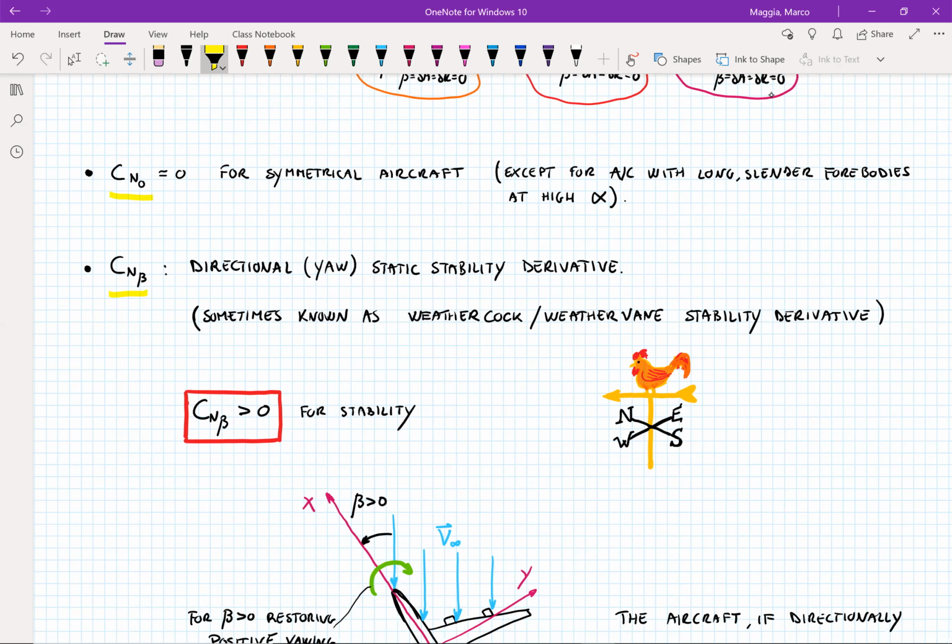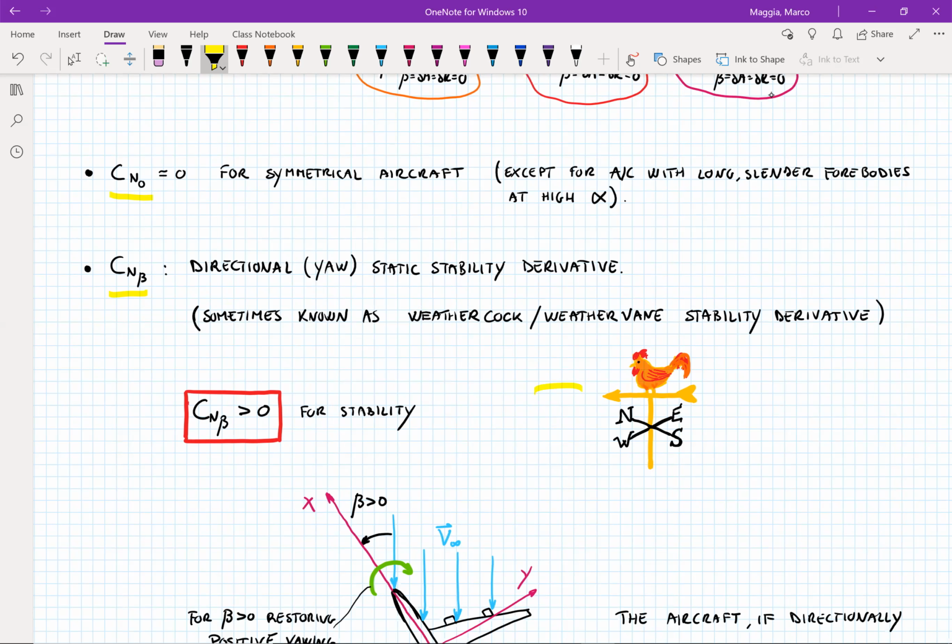And this is the directional static stability derivative. So the sign of this derivative determines whether or not the aircraft is stable in terms of the directional motion. Sometimes this derivative is known as the weathercock or weather vane stability derivative.